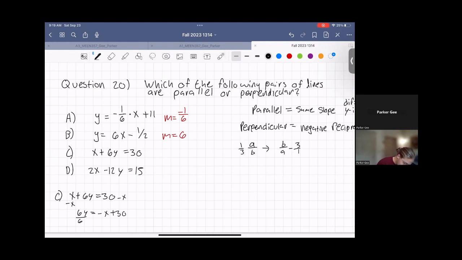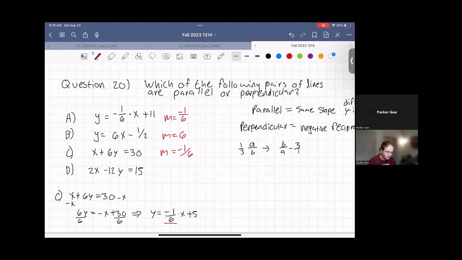Next, we're going to divide by 6. And we are left with y is equal to negative 1 over 6 times x, and then 30 divided by 6 is 5, plus 5. So what's this slope? Well, it's negative 1/6. Ooh, there's another one. That one might be parallel. They have the same slope.